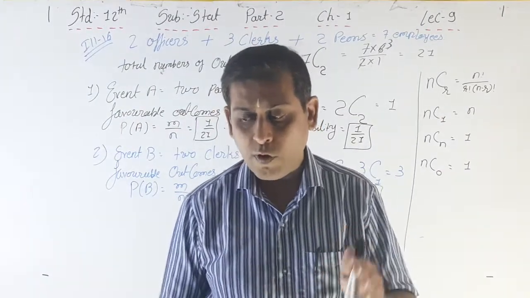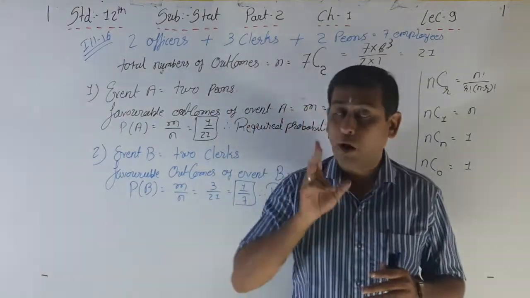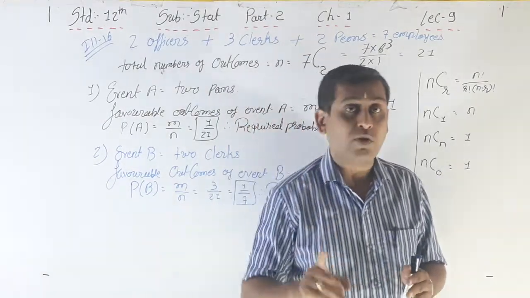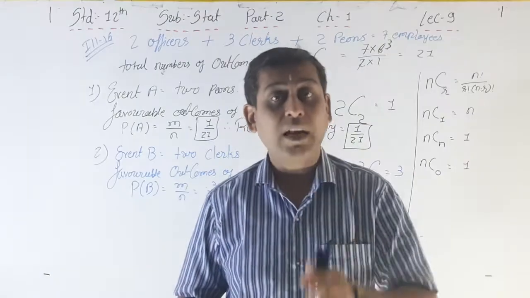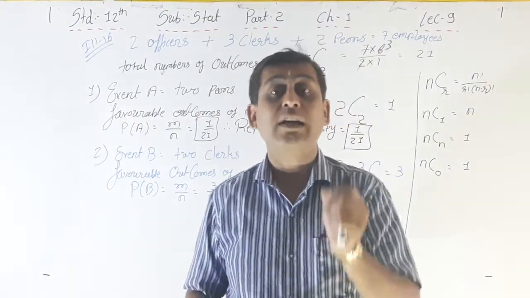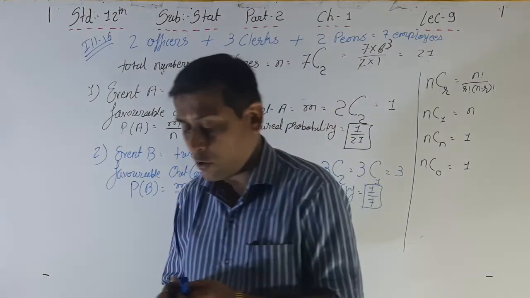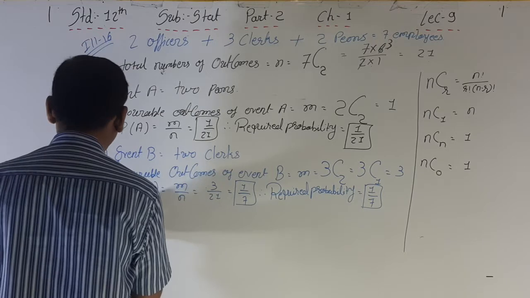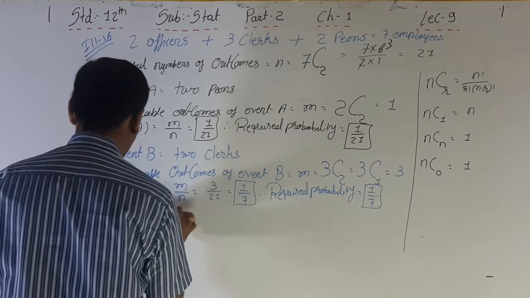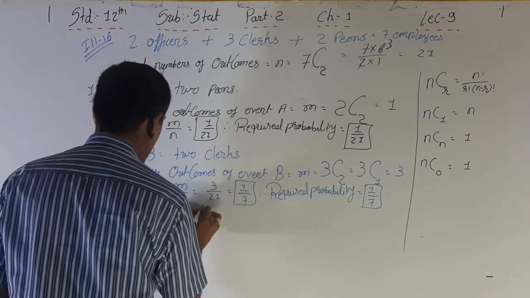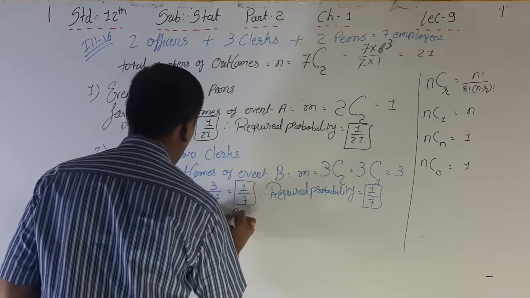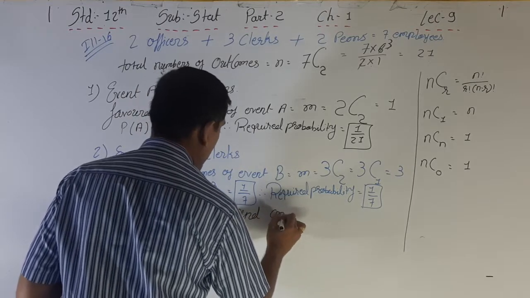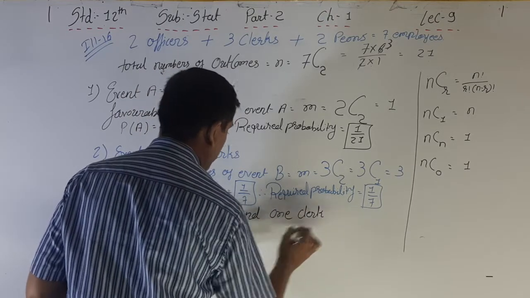Out of 2 officers we have to select 1 officer, and out of 3 clerks we have to select 1 clerk, and that is your favorable outcomes of event C. Now event C is equal to one officer and 1 clerk.